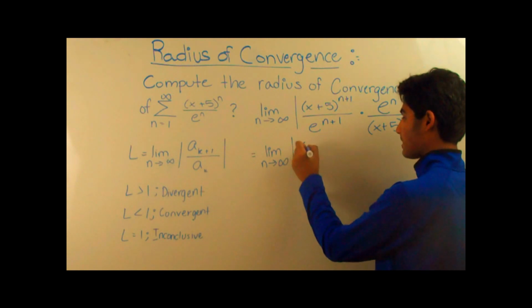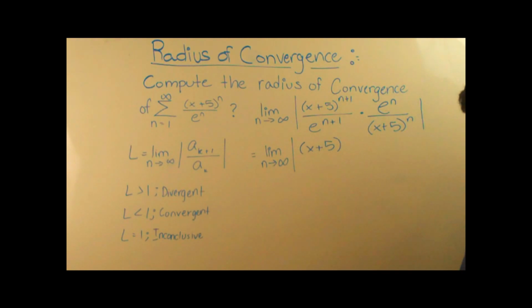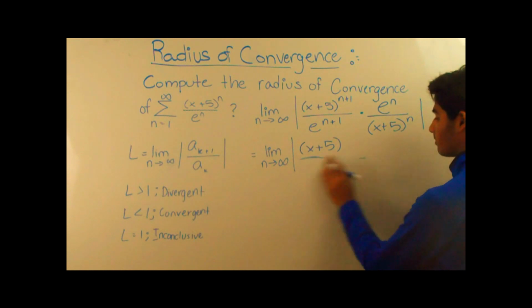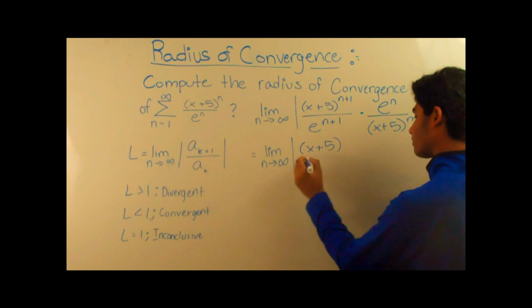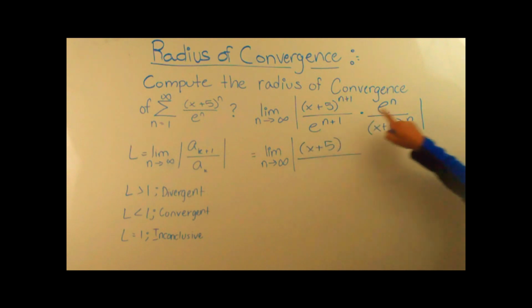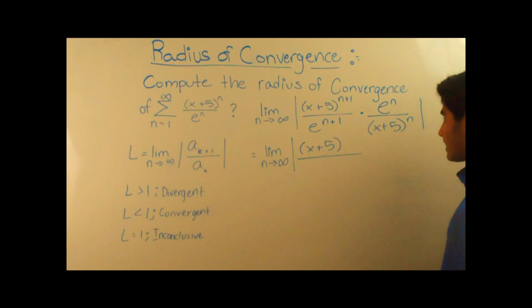So we get (x plus 5) to the n plus 1 minus n power, which is just (x plus 5) to the first power, over, and here we have e as the same base, so we get e to the n minus (n plus 1) power.